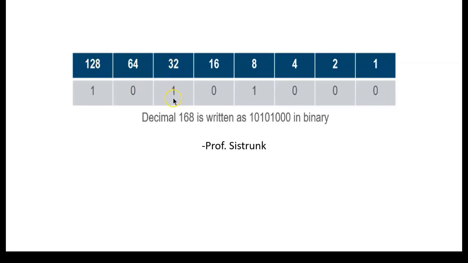Then if you go to the 32, that's turned on, and then you go to the 8, and that's turned on. That will give you the number 168, which is written in binary like this. Remember that, please, because that is super important in understanding subnetting.